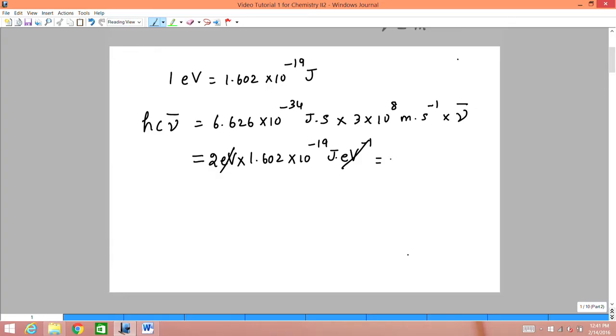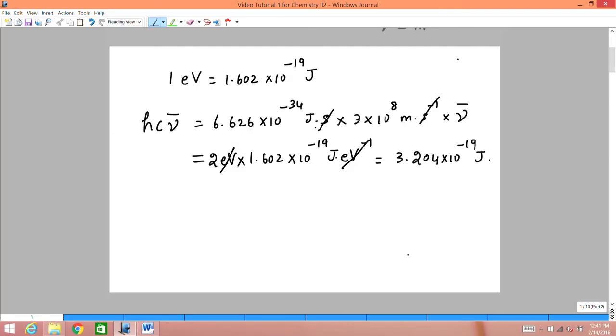So what you get is 3.204 times 10 to the minus 19 joules, and that is equal to 6.626 times 10 to the minus 34 joule second multiplied by 3 times 10 to the 8 meters per second.